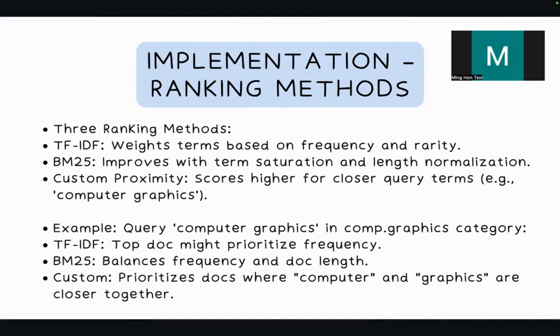For example, searching for computer graphics in the computer graphics category might yield different top documents. TF-IDF prioritizes frequency, BM25 balances frequency and length, and my custom proximity favors documents where computer and graphics are closer together, as shown in the comparison table.